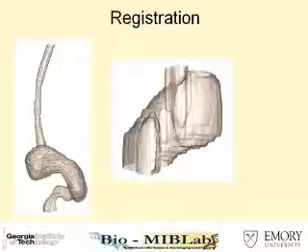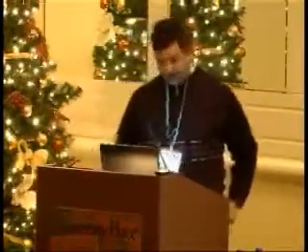The next step in the development of the model was to somehow register the two models, bring them close to each other, and plug in the information which is missing in the infant stomach from the visible human model. To do that, the general approach is to first rigidly register the two bodies, treating them as rigid bodies, and then use non-rigid registration techniques to deform one of the models to fit the other.